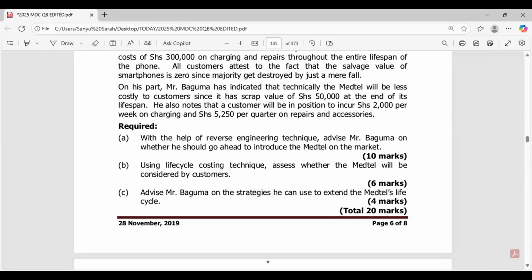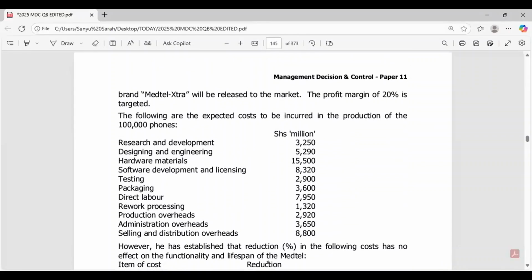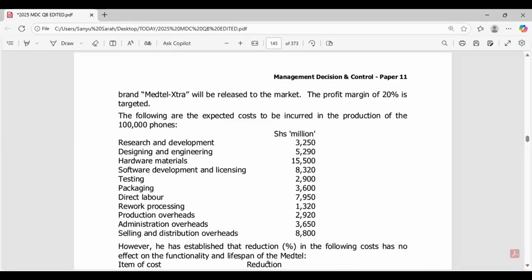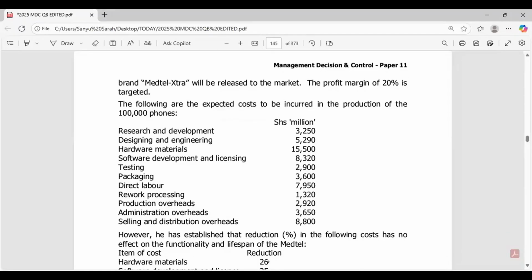So, with the help of reverse engineering, they told you that the following are the expected costs to be incurred in the production of 100,000 phones. So during the production process, these are the costs they are expecting to incur. In the production, they told you, however, he has established that percentage reduction in the following costs has no effect on the functionality and lifespan of the Medtel.